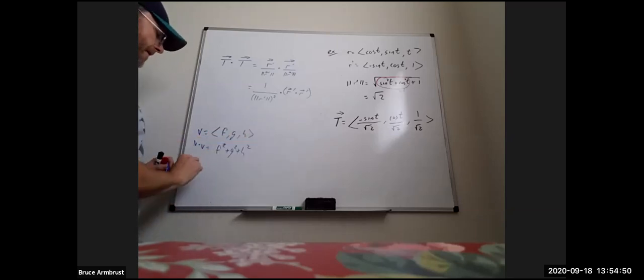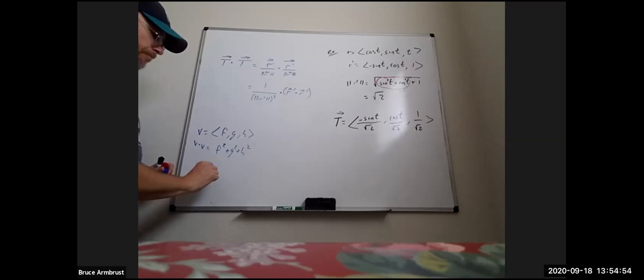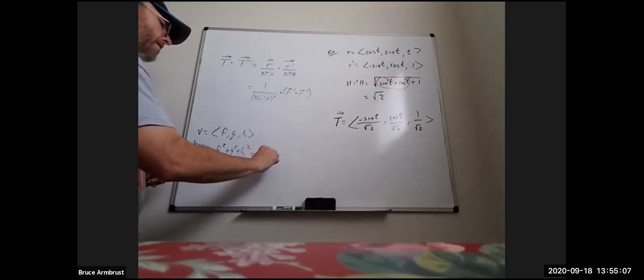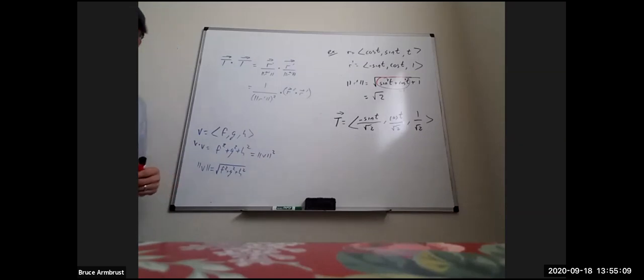Well, how about this? What's the magnitude of V? It's the square root of F squared plus G squared plus H squared. So when you dot a vector with itself, you actually get the square of its magnitude.